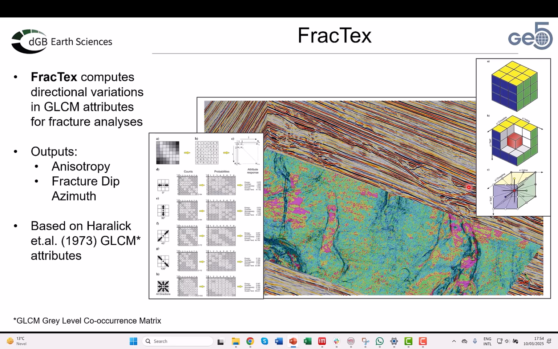One is the anisotropy, which is a factor that ranges from 1 to higher, and the higher it is, the more anisotropic the medium is. 1 means the medium is isotropic. And the other is fracture dip azimuth, that is the azimuth in which we have the largest variations in GLCM attribute response.